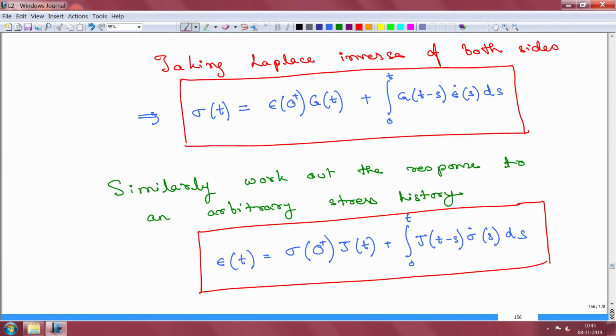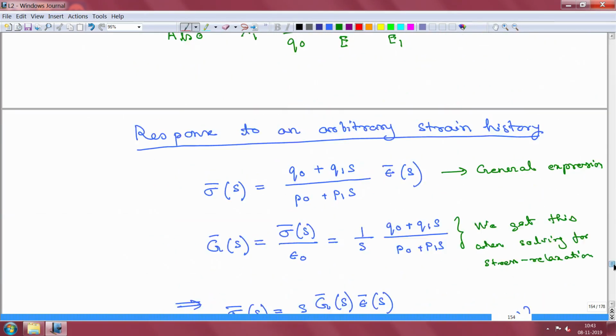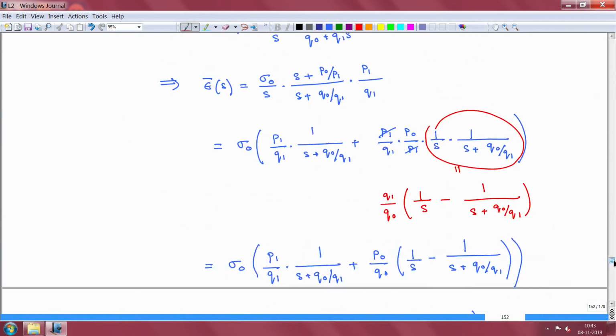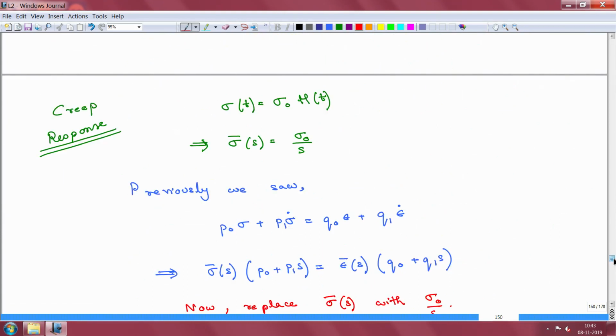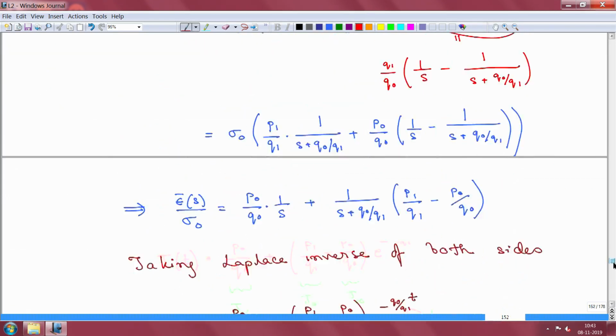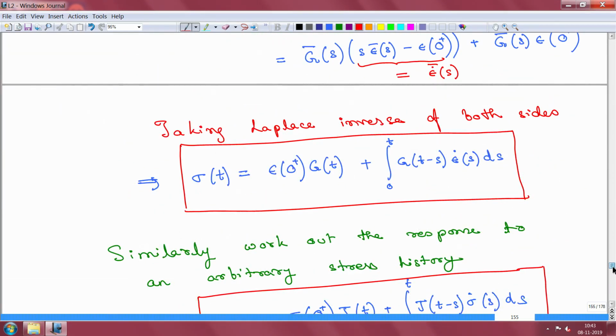Okay. So, we had derived this particular expression for a special case, and this special case was for this particular equation. For this simple case of the model, we had seen that when you take the Laplace transform, the relationship between an arbitrary given strain history and the current state of stress is given by this particular integral.